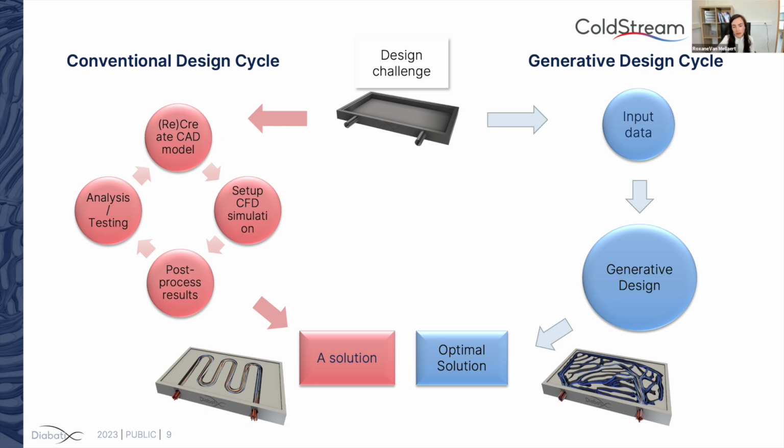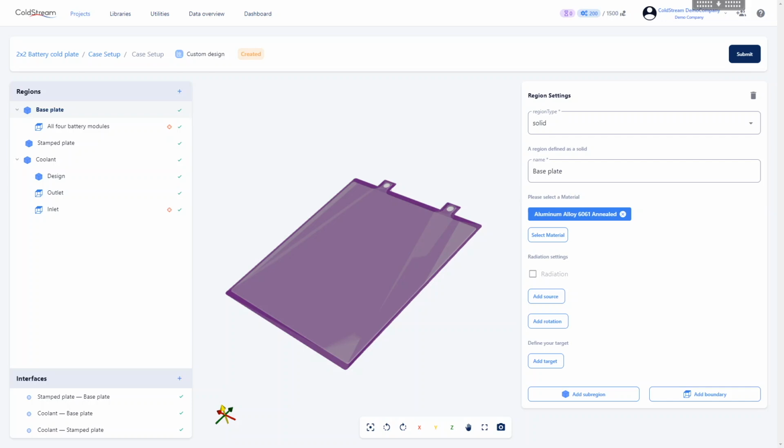And when your iterative loop is finished, you will be able to look at your results within Coldstream. But I will now share my screen so that I can immediately show you a live demonstration of how it would work.